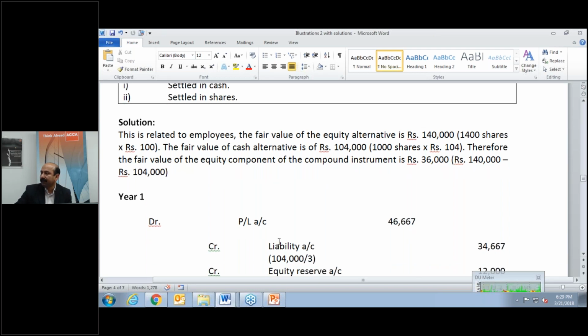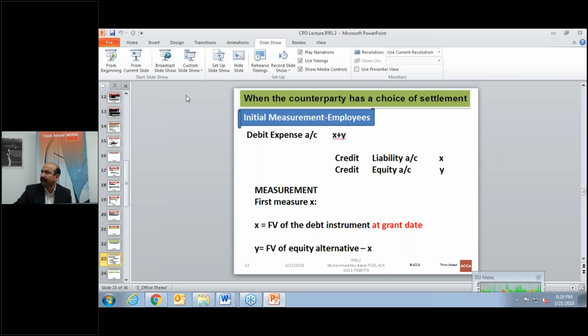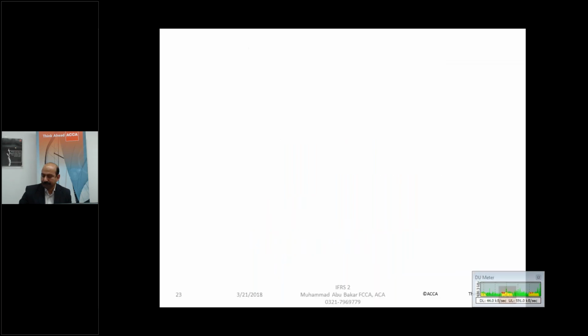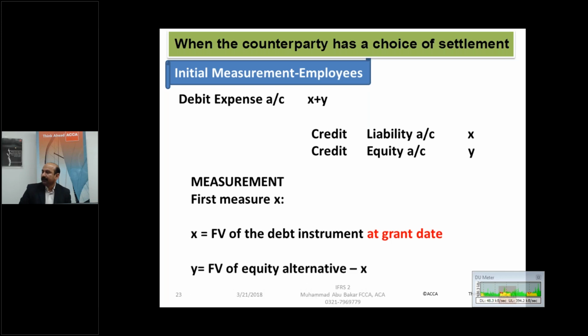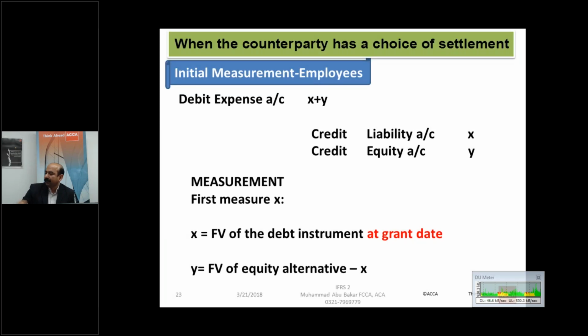So if we come back to our slide, 104,000 is X, and Y is the fair value of the equity instrument, 140,000, because that is 1,400 shares, minus X, which is 104,000.